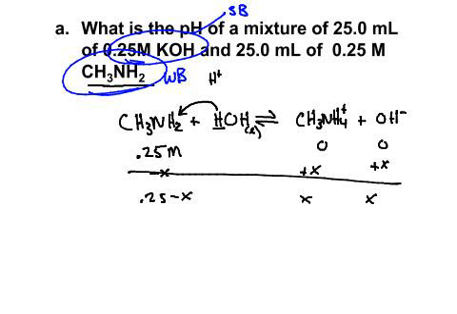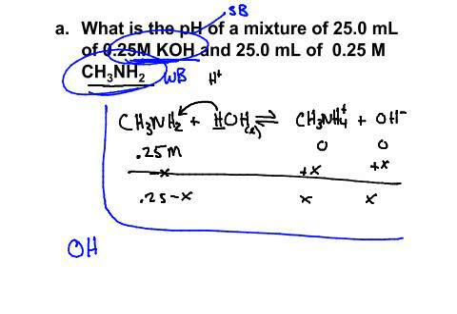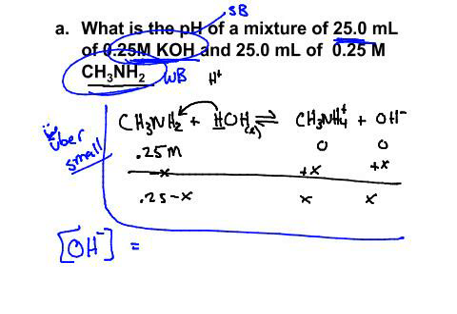So if we have a 0.25 molar solution of potassium hydroxide, the amount of hydroxide from the weak base is negligible. Uber small. The hydroxide concentration would be a little tricky because we are pouring 25 milliliters together.